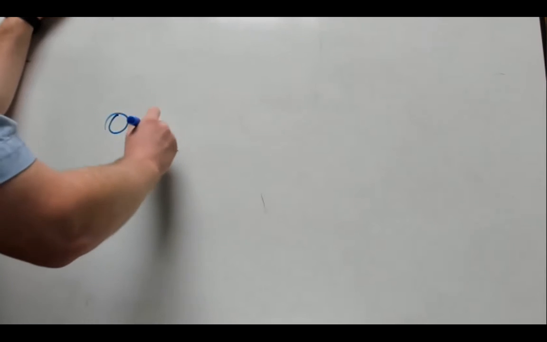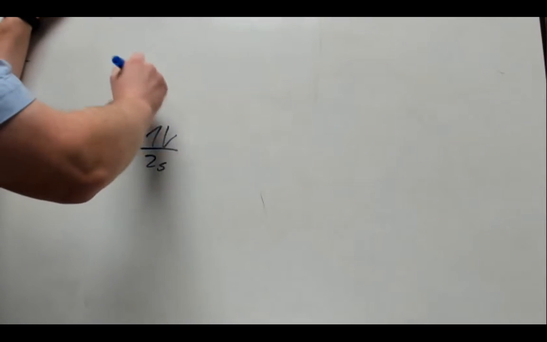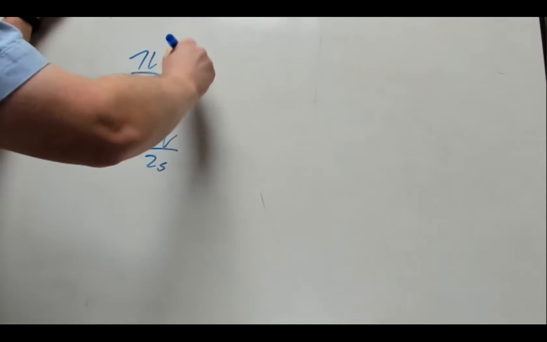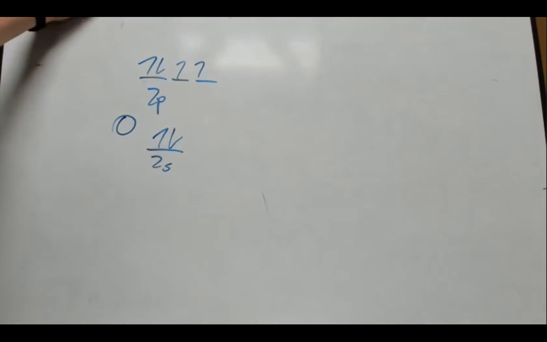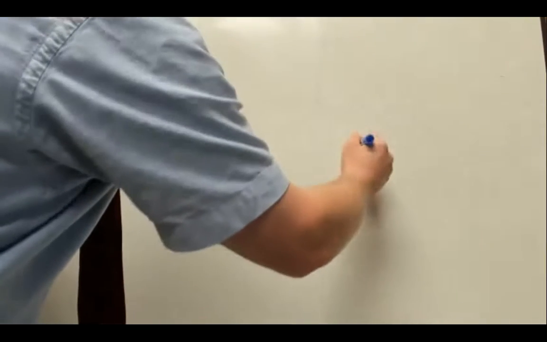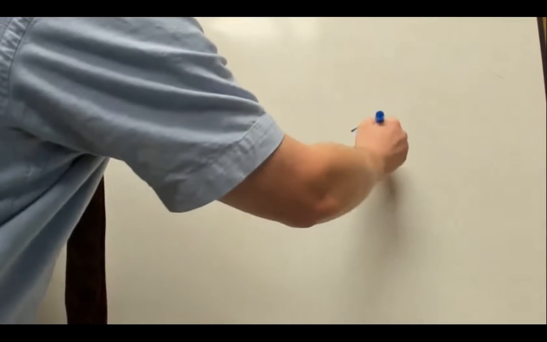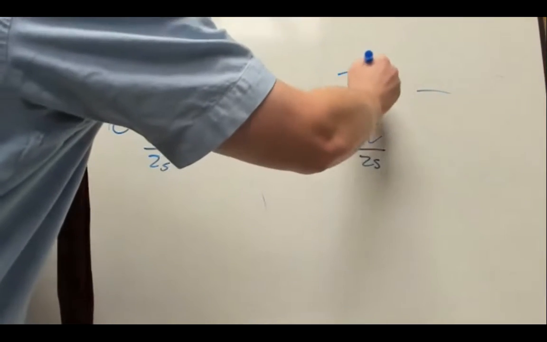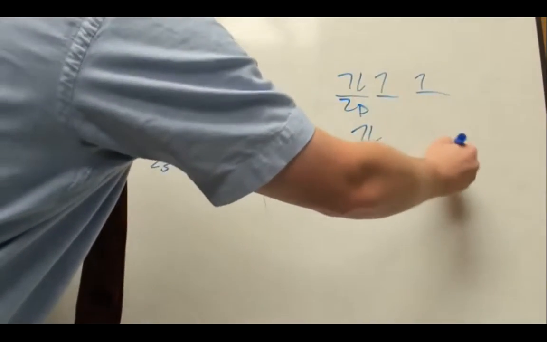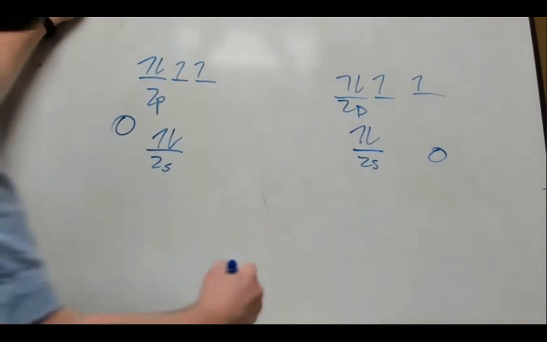So we have 2s, and then we have 2p: 2, 4, 6. Oxygen, we have 2s up, down, and 2p, and this is oxygen. And I want to make O2 gas.